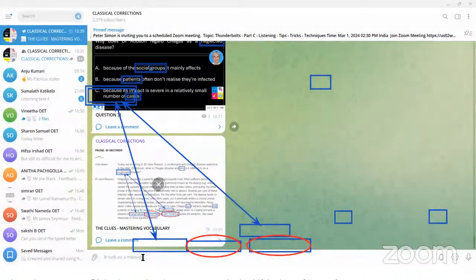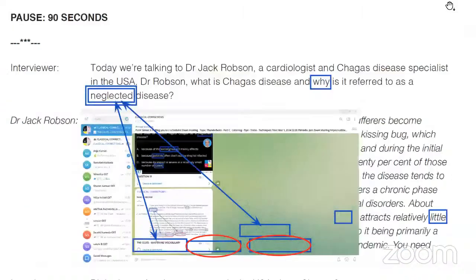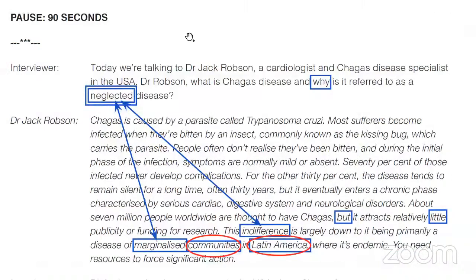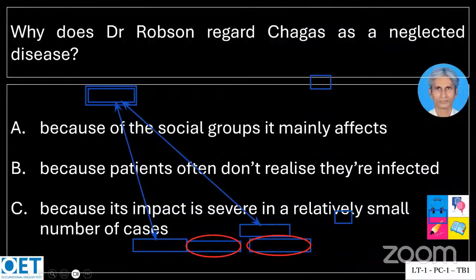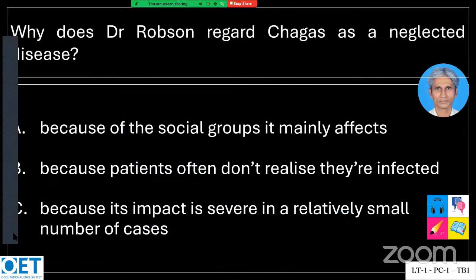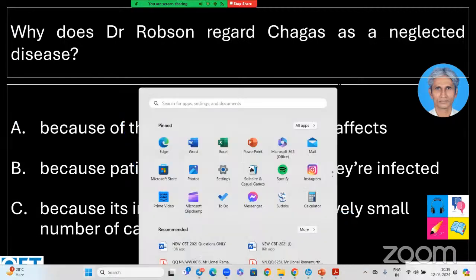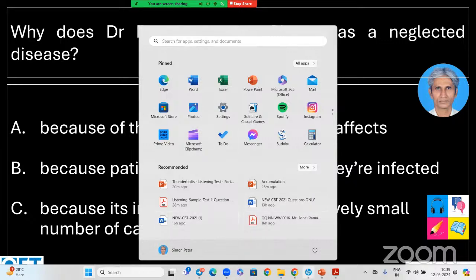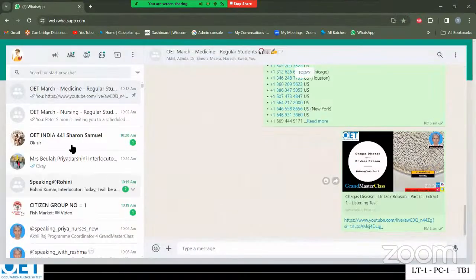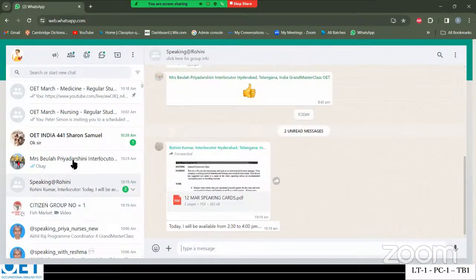There are three important words here, the ones playing the maximum role: neglected, indifference, and marginalized. Why are these words very important for us? Don't try to think about the answers here. That is not very important.